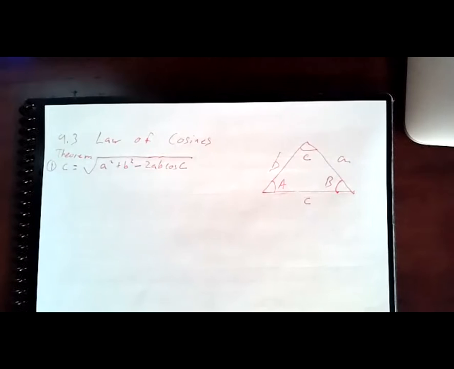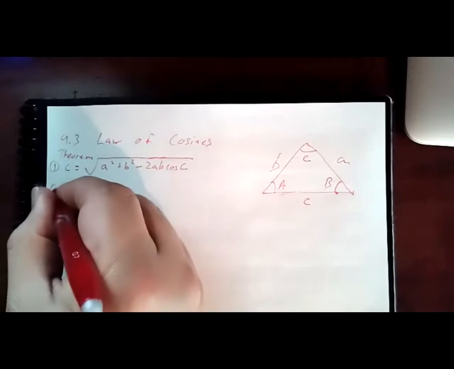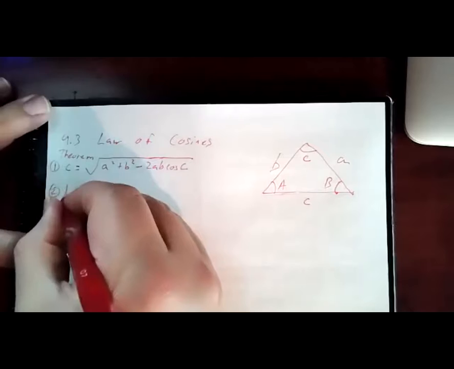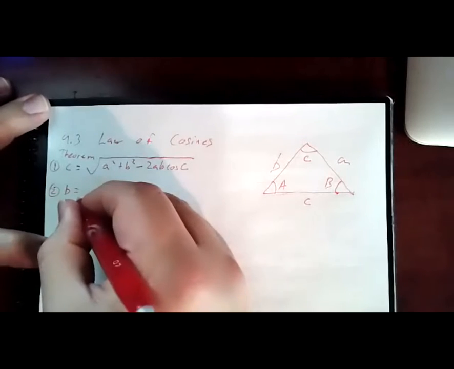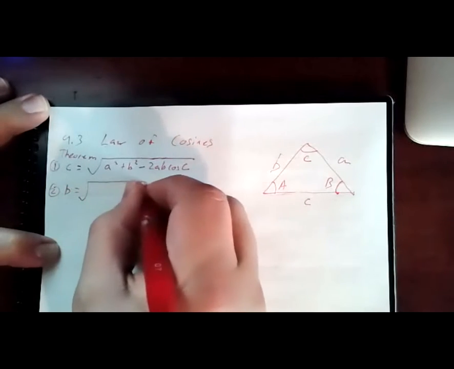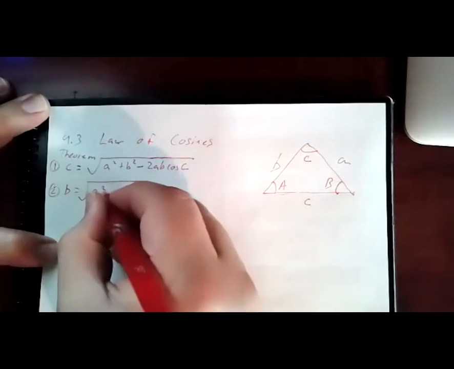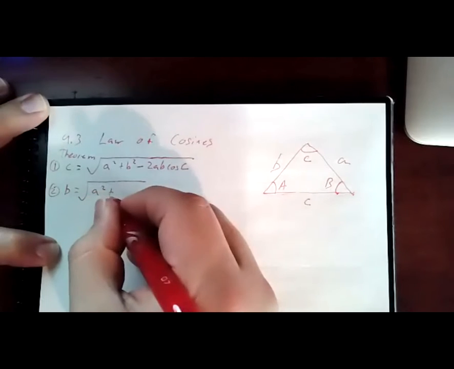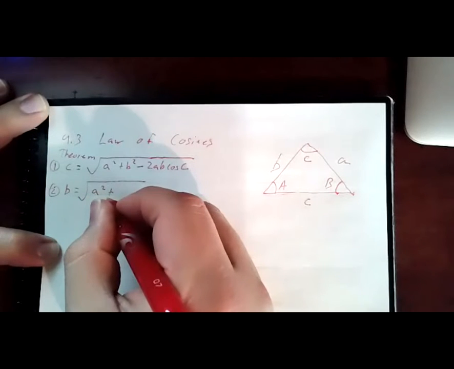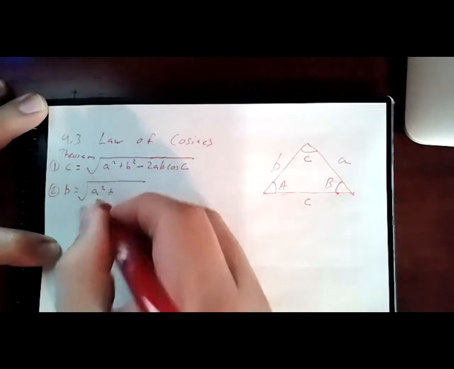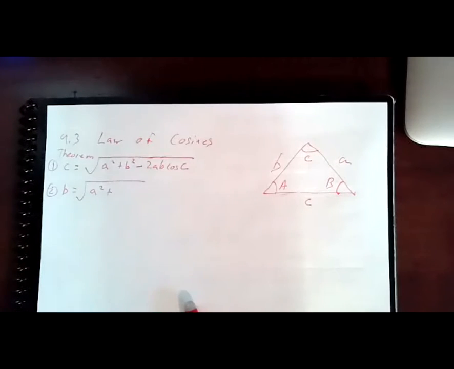Okay. All right, so formula 2. The equation for little b is equal to a squared plus, hold on a second. That looks like a typo. Doesn't seem right. Let me look at the book. One moment.